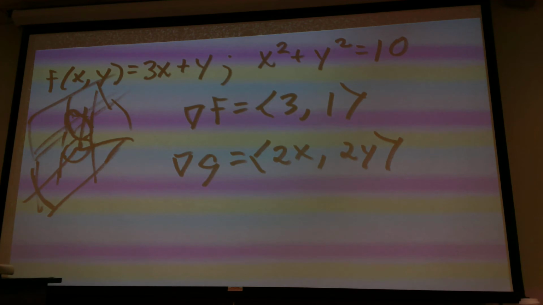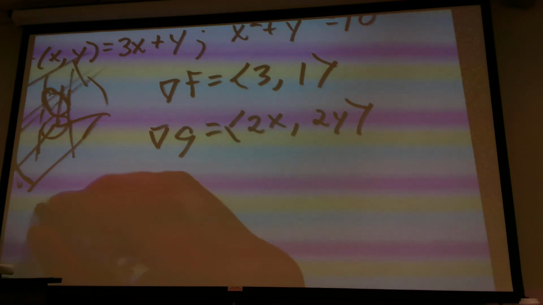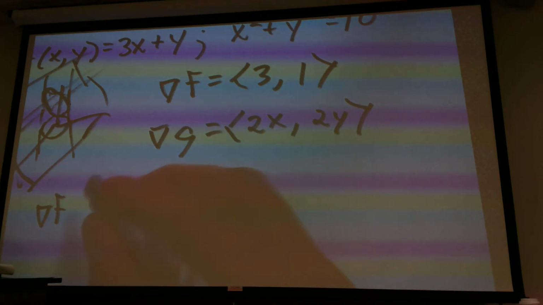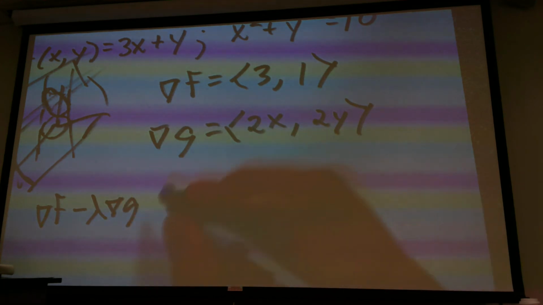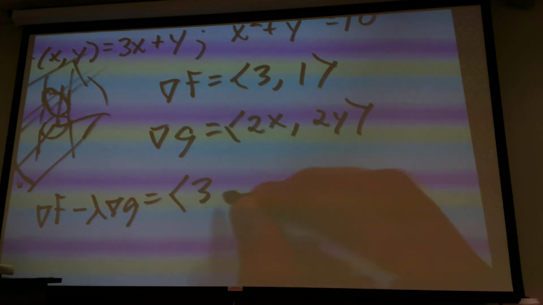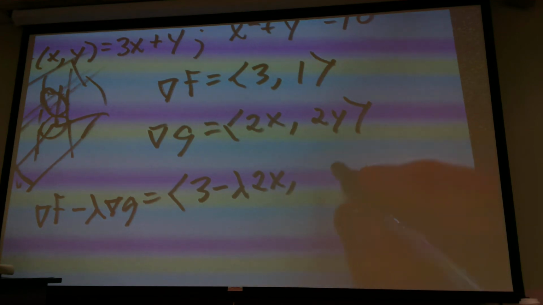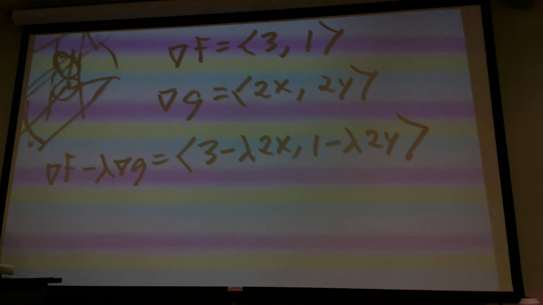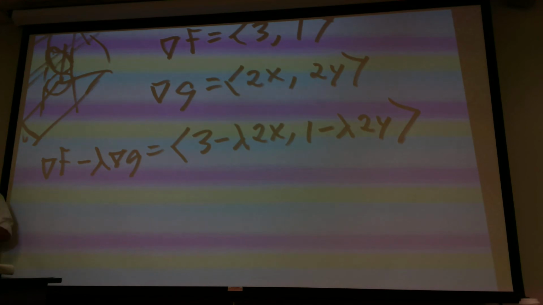Okay? So now we're going to look at the gradient of f minus lambda times the gradient of g. So this is going to be 3 minus lambda 2x and 1 minus lambda 2y. Okay, so this is going to give us 3 equations.